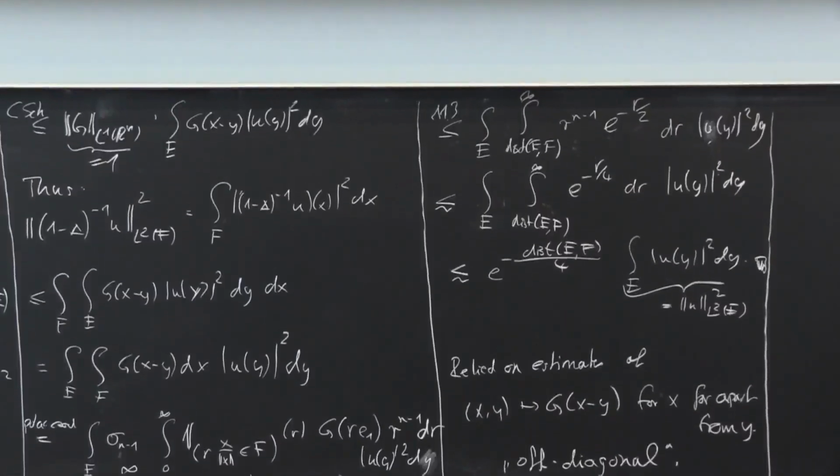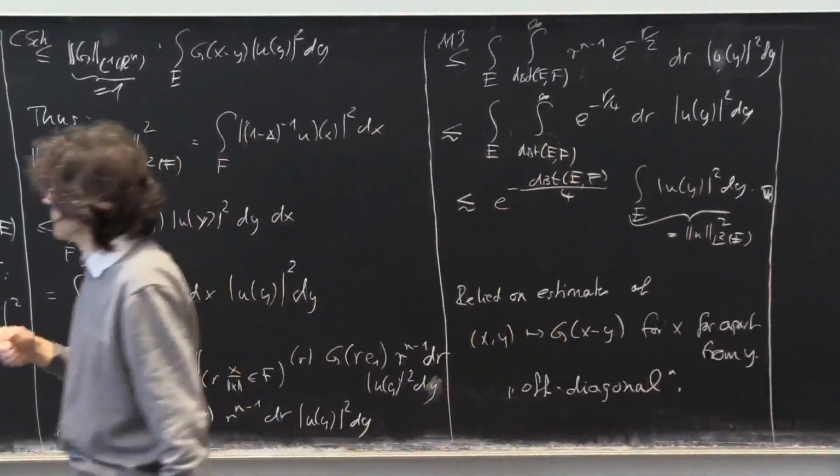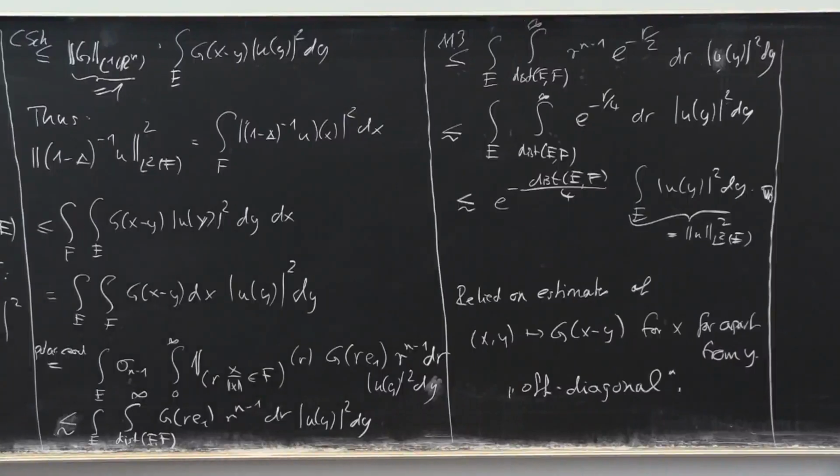Okay, now we've seen what happens for the Laplace operator. So there indeed is an estimate to know how large the resolvent can be on some set f if you know that your function is supported in E. You even have a nice decay, an exponential decay.